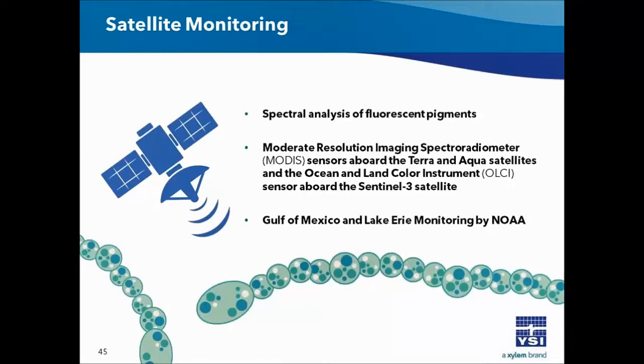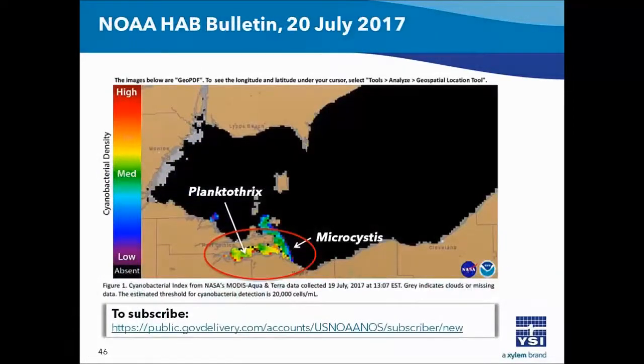These are what are called MODIS sensors that are available on a couple of different satellites that of course the government has access to that you might not have access to. But fortunately NOAA has made a lot of great data available to us, especially from the Gulf of Mexico and Lake Erie monitoring. And I would really encourage you, if you don't already, to subscribe to receive NOAA's HAB bulletins.